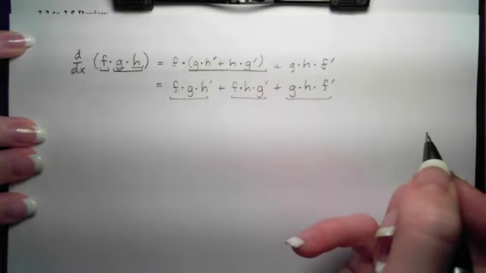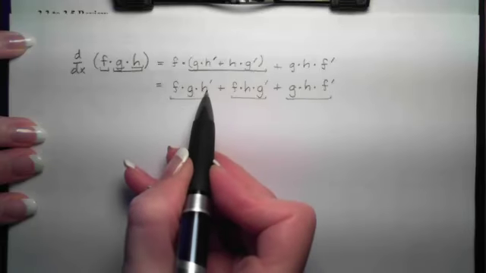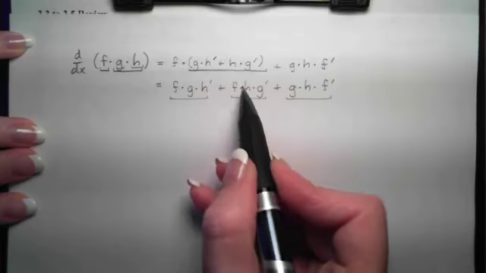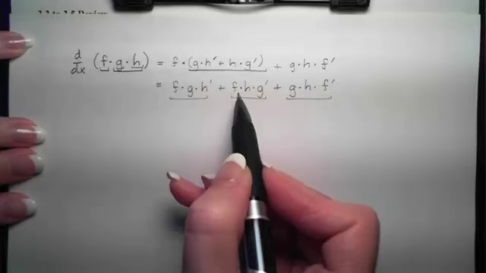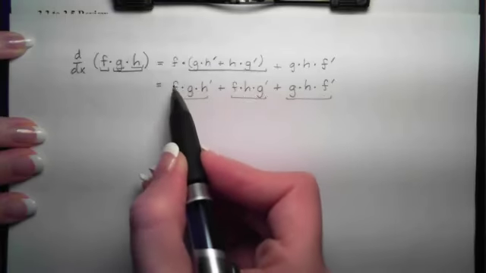And each of those terms has two of the unchanged functions and the derivative of the third. So notice I get an f prime, a g prime, and an h prime. So each one of these gets a derivative one time, and then the other two are unchanged in the three terms.